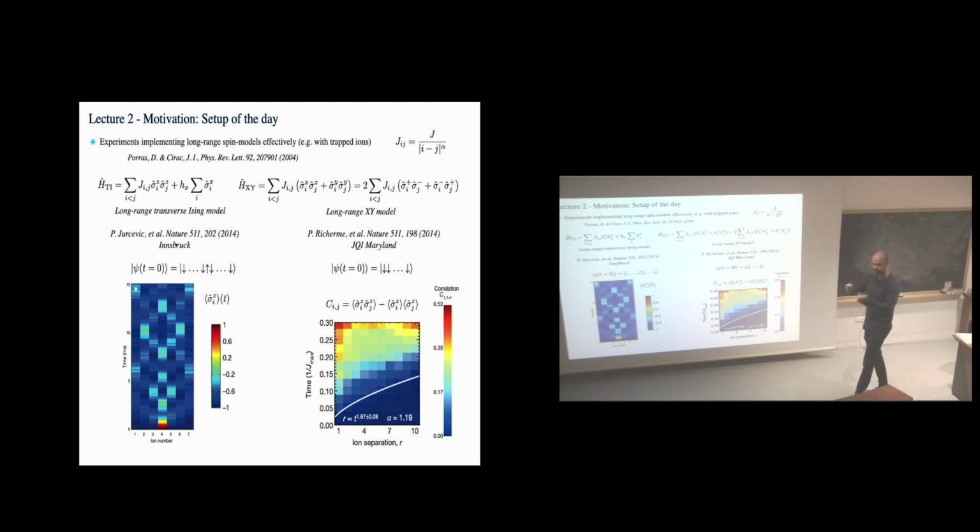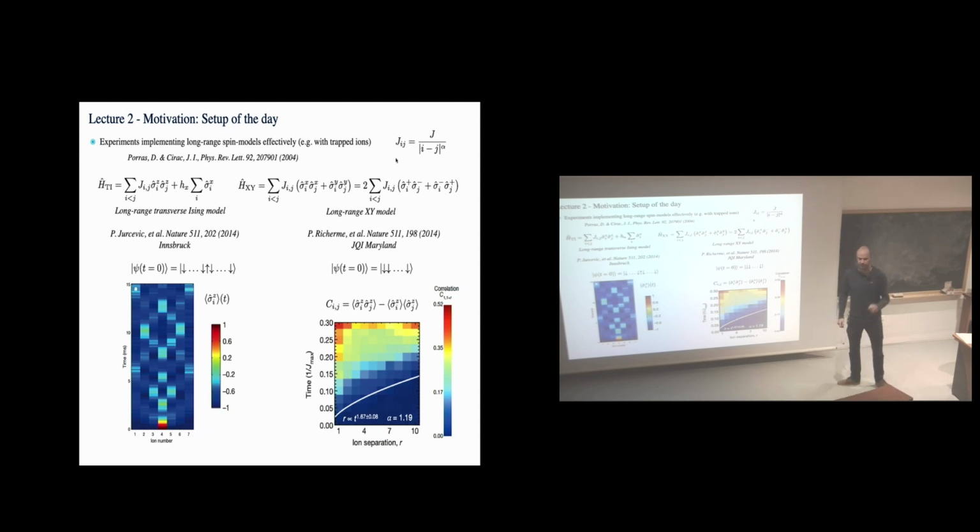Thereby one can effectively realize these Ising couplings or this type of long-range XY couplings. And the nice thing is that one can tune the range of interactions. The coupling strength here is not nearest neighbor, but really long range, and here it is a power law with some exponent alpha.